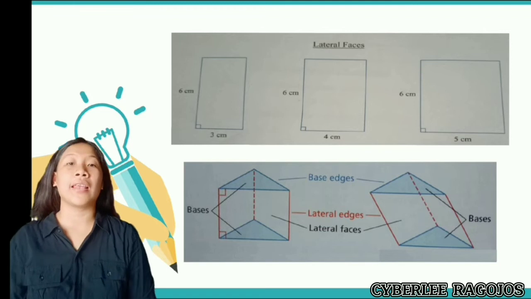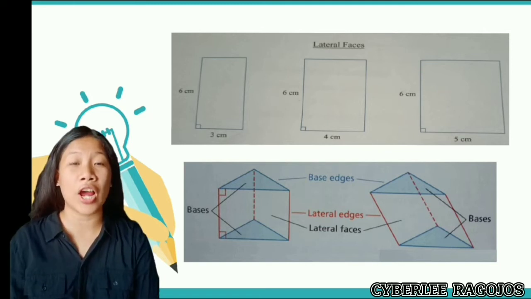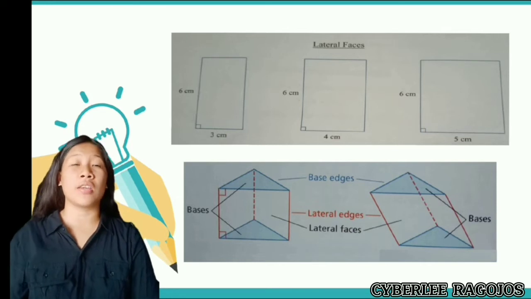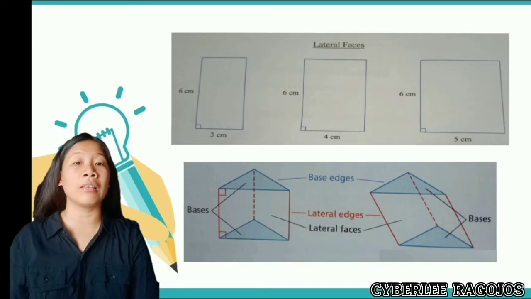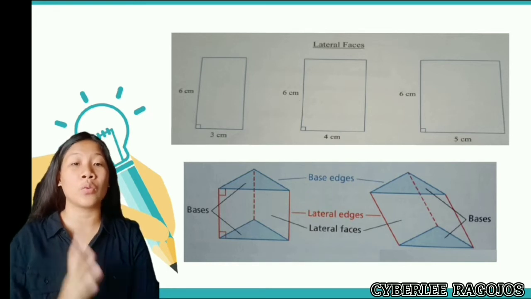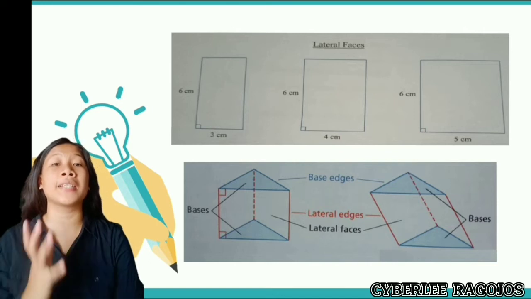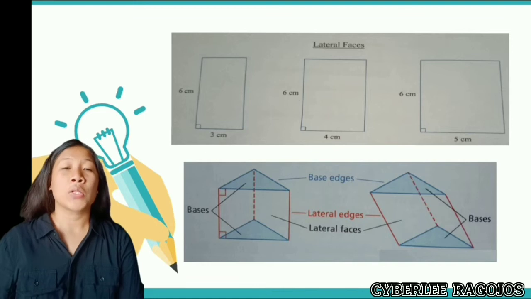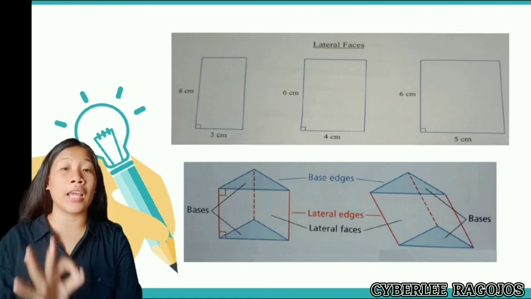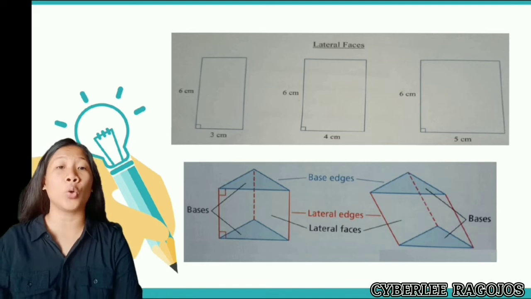As we can see in the picture, yung tatlong shape na rectangles dyan is the shape which there are measured, which is represented as the height and base or length and width. Yung lateral area of the triangular prism is the sum of all the areas of the lateral faces. So kung nakikita natin sa three rectangles, there's a sum of the areas and we need to compute it.